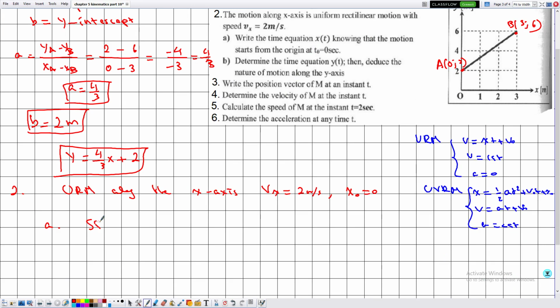So let's say since the type of motion is URM along the x-axis, then we have that x is equal to vt plus x0.